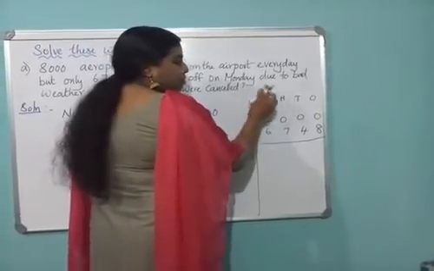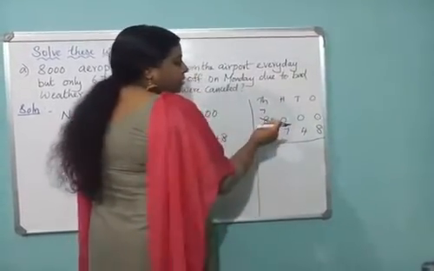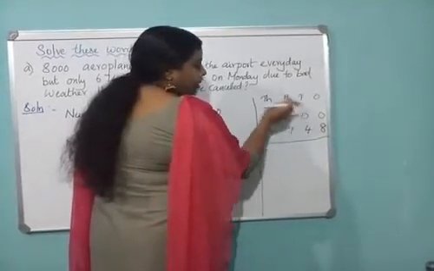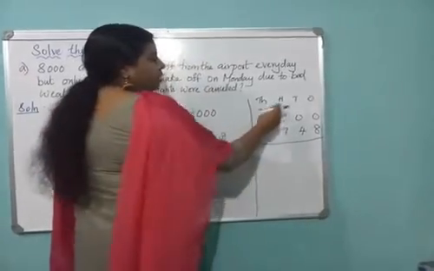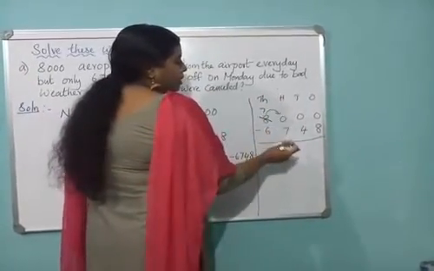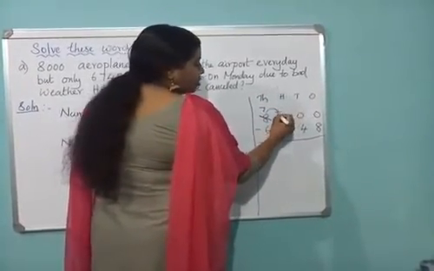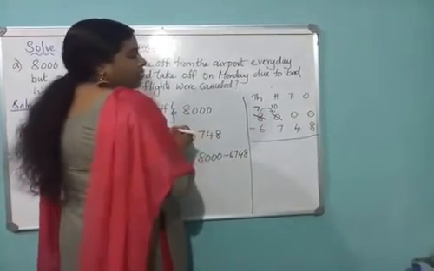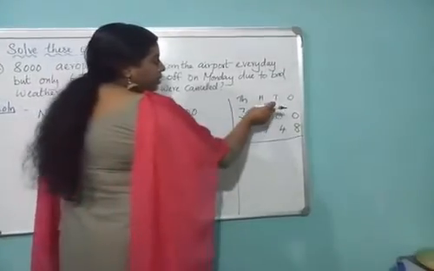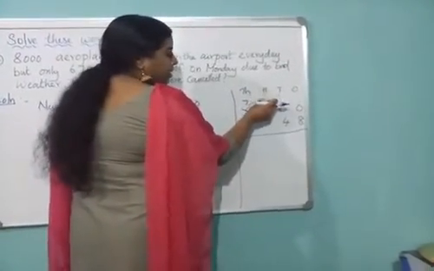This 1,000 cannot directly go to the ones place. It will move only to the next place. That means this 1,000 will go only to this side. So now here we have 1,000, which is equal to 10 hundreds.